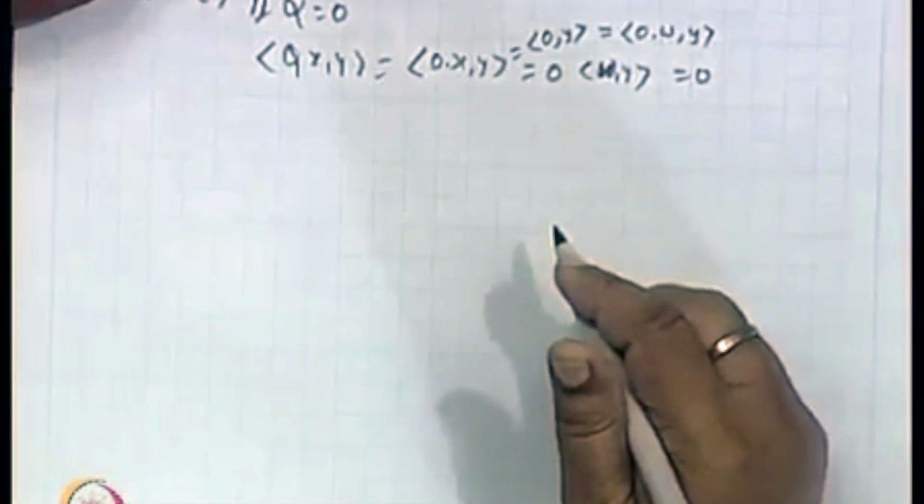The inner product with 0 means one of the coordinates is 0, so the entire thing is 0. So this is 0 for all x and y.